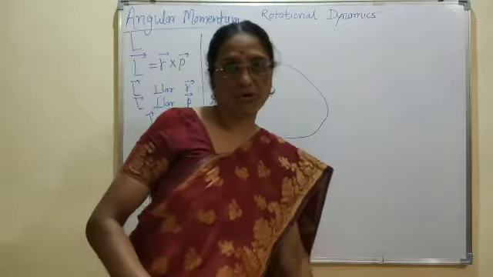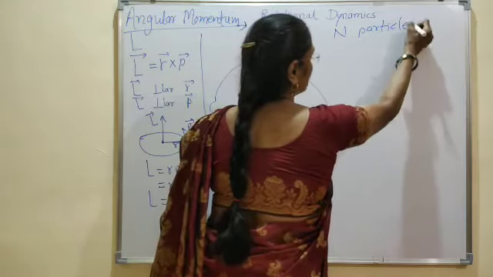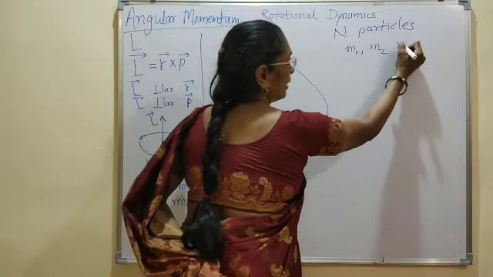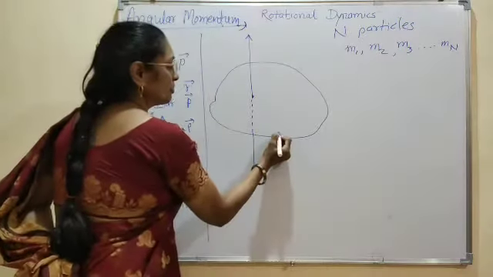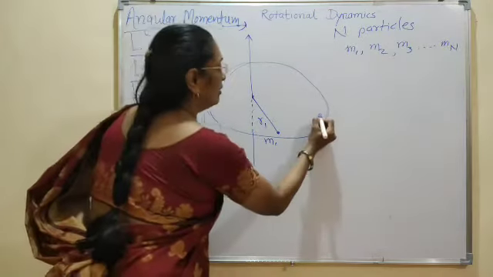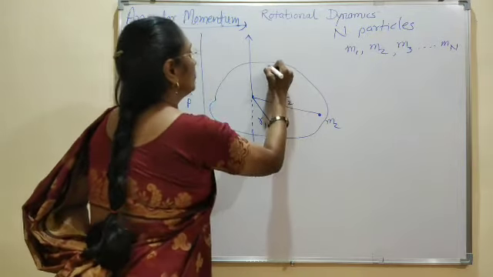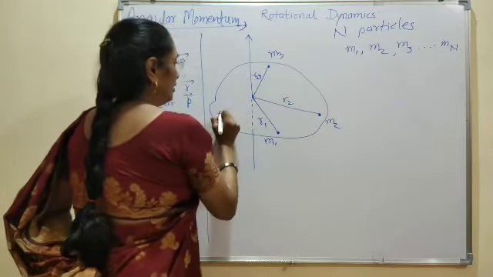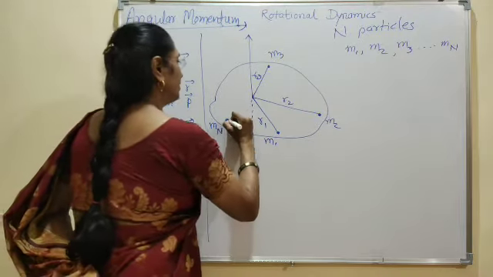Here the body consists of n particles, having masses m1, m2, m3 up to mn. Their distances from the axis of rotation can be shown here. For the first particle it is r1, for the second particle of mass m2 the perpendicular distance is r2, for the third particle of mass m3 the distance is r3, for the nth particle the distance is rn.